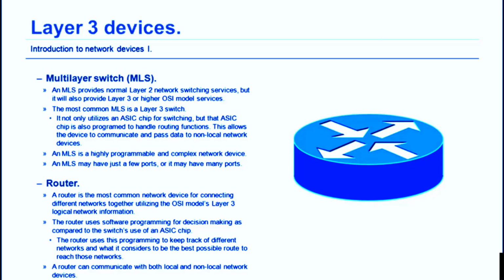The router uses this programming to keep track of different networks and what it considers to be the best possible route to reach those networks. A router can communicate with both local and non-local network devices. In most cases, a router will have fewer ports than a switch.